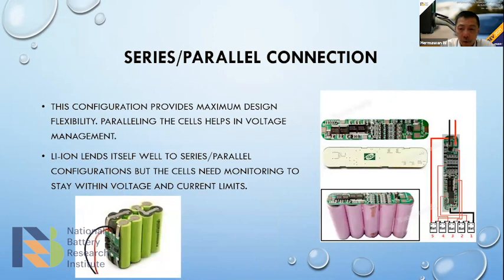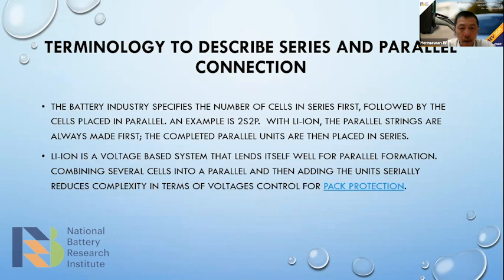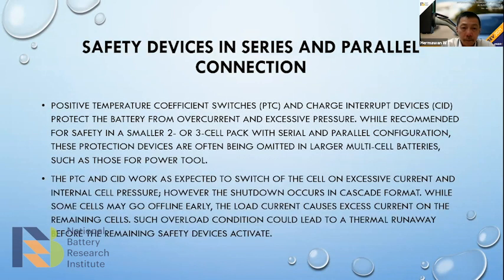This is some configuration we can see in the market. There's a lot of terminology, but for the combination of cells, mostly we need to have protection. What is the protection?